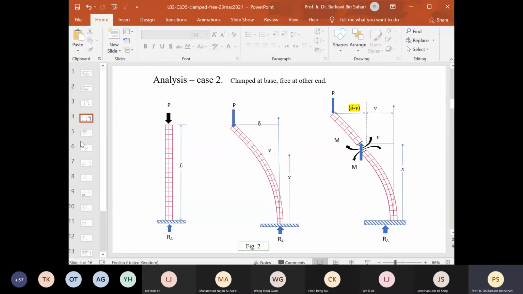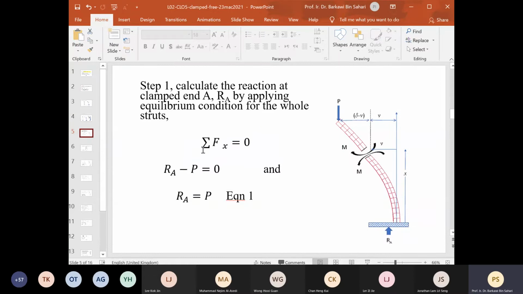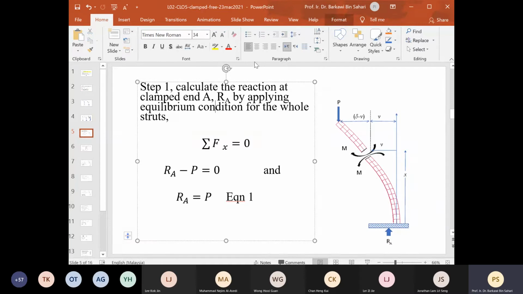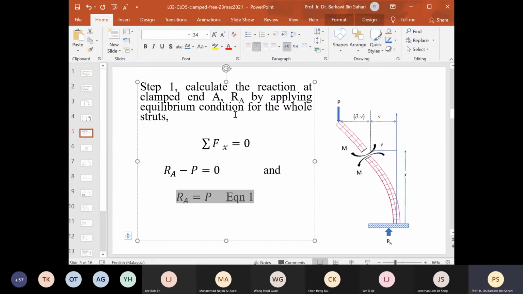So at every section, for equilibrium to be achieved, the conditions are the summation of F equal to 0 and the summation of moment M equal to 0. Now if you look at summation of F equal to 0, then RA equal to P. So the reaction at the base is equal to the force acting at the top.